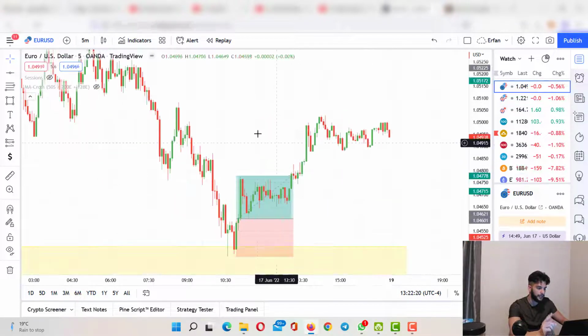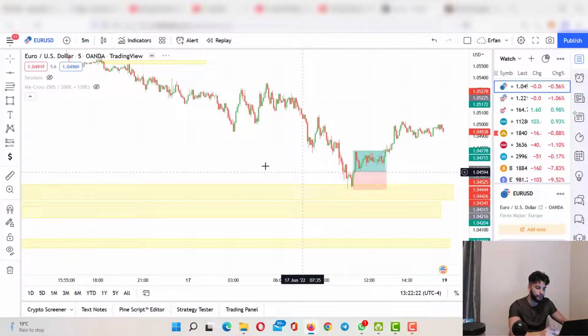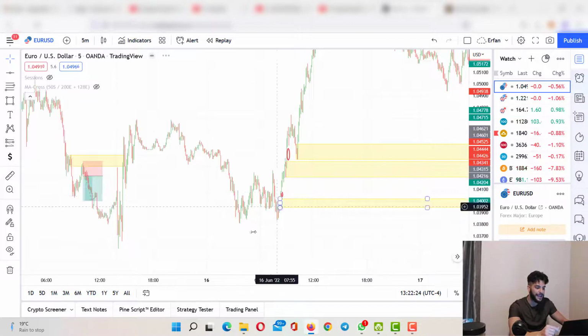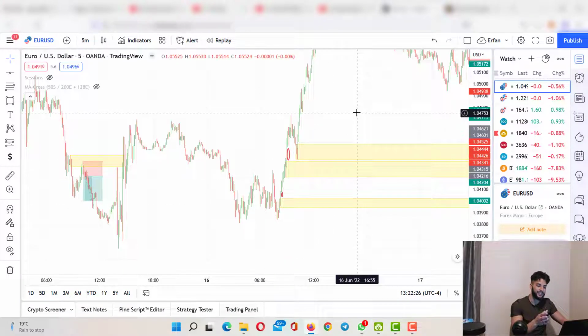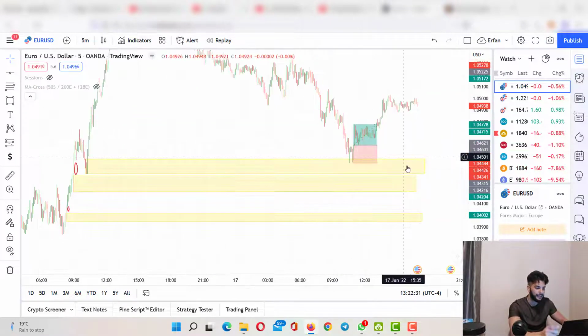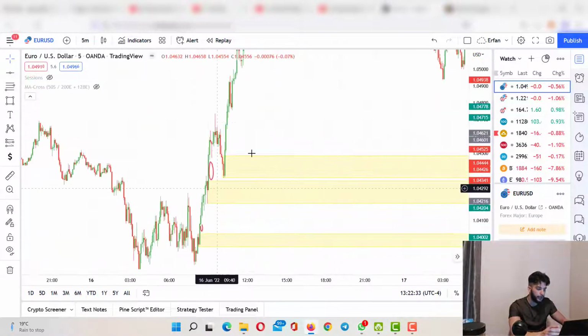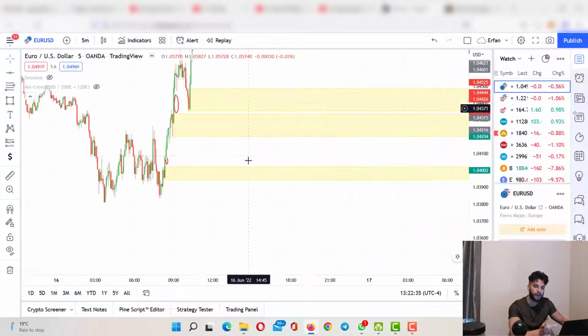Now let me show you what happened on EURUSD, which was a really amazing one because we had tons of gaps on the left, and I identified the gaps before the market opens, before the New York session opened, and then because I knew that we have two back-to-back high probability demand zones, and also we have a high probability demand zone right here.